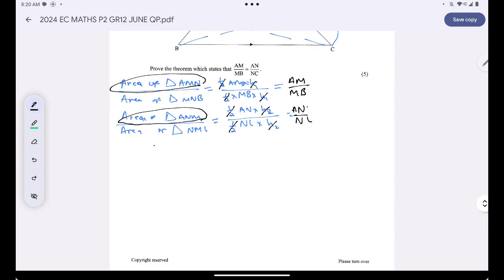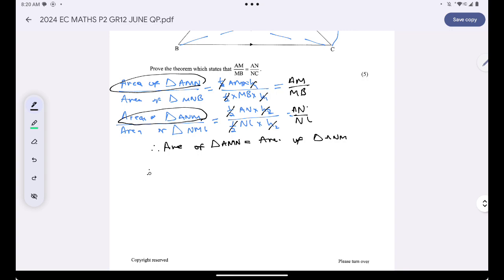So we can therefore conclude that the area of triangle AMN is the same as the area of triangle ANM, because it's one triangle but named differently together.